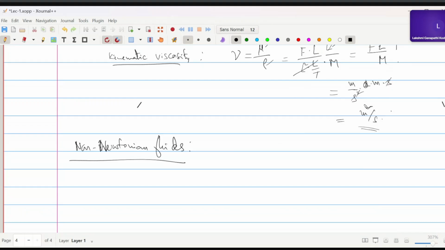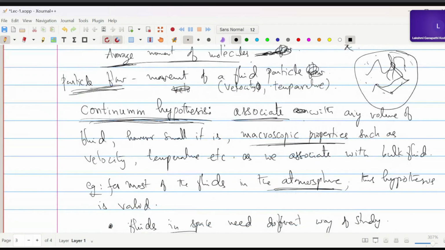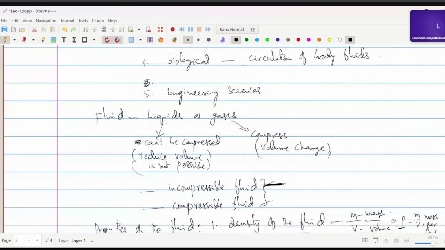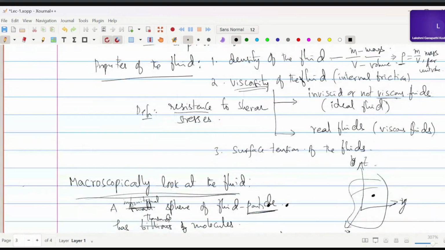So actually, for non-Newtonian fluids, we don't give that earlier definition, no? That if you apply shear stress, it's proportional to the viscosity. That is the definition that we give, Newton's law. What is that definition we have given earlier?